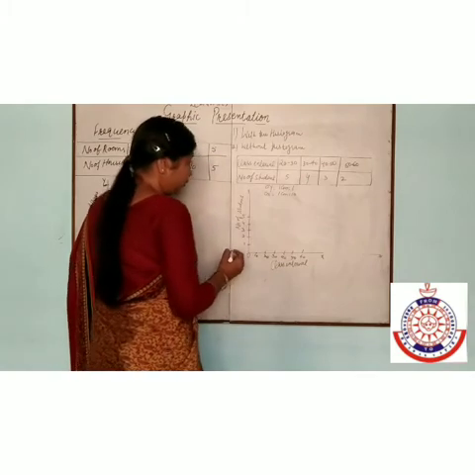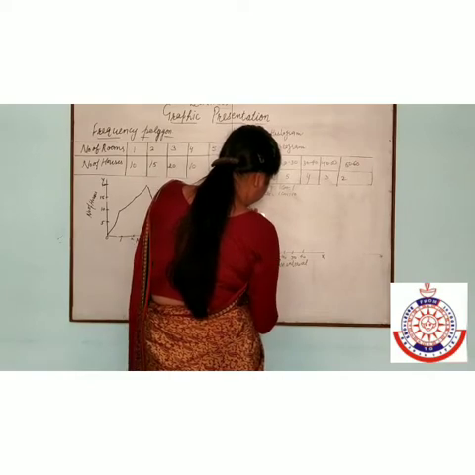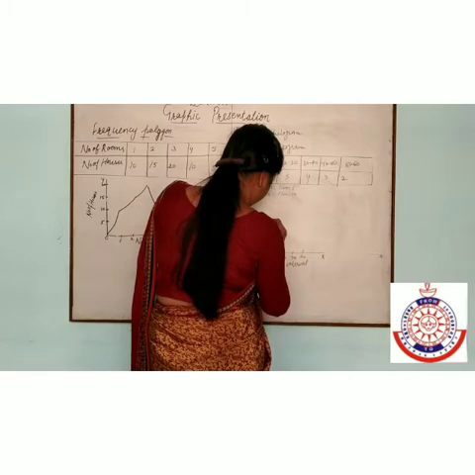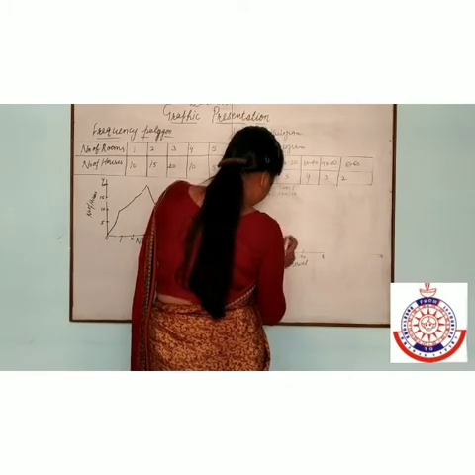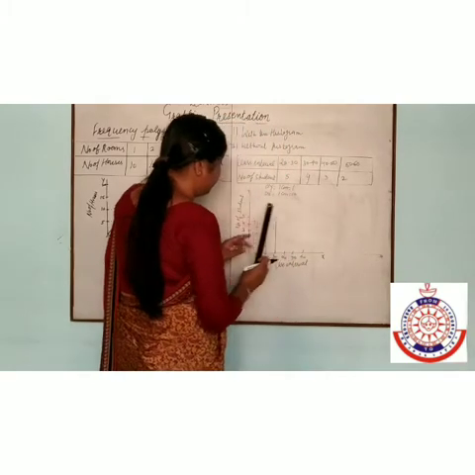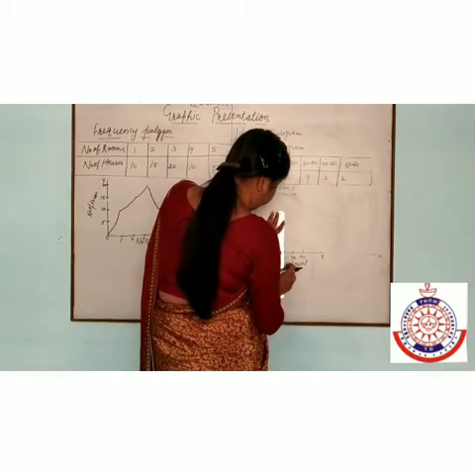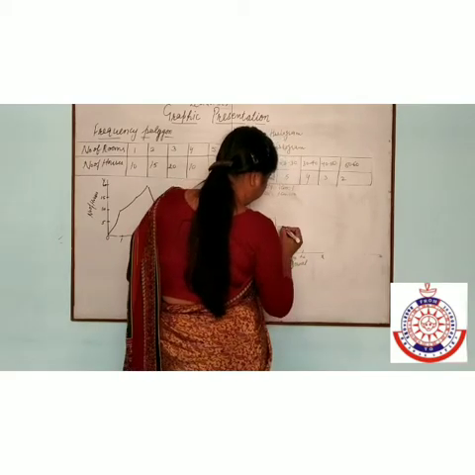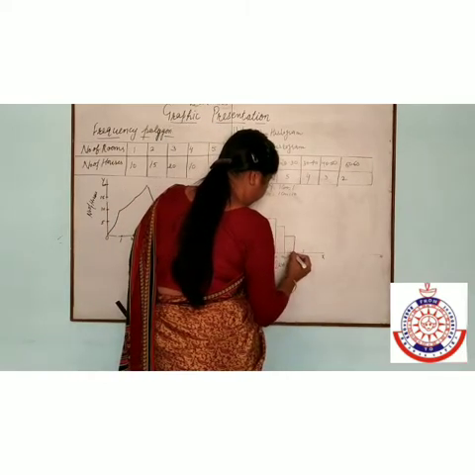20 to 30, number of students is 5. Then 30 to 40, then 3, then 2.